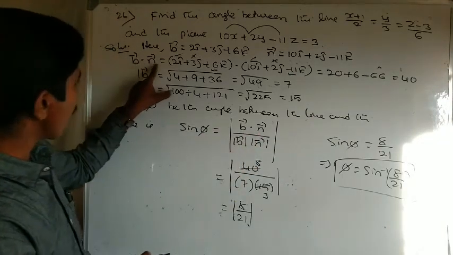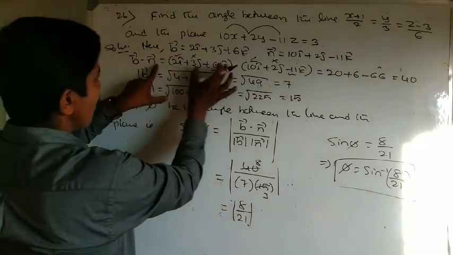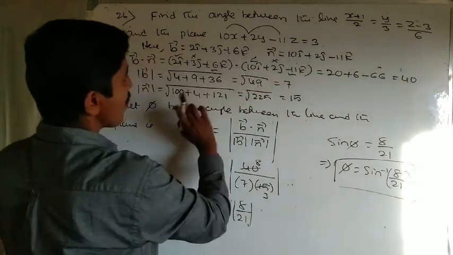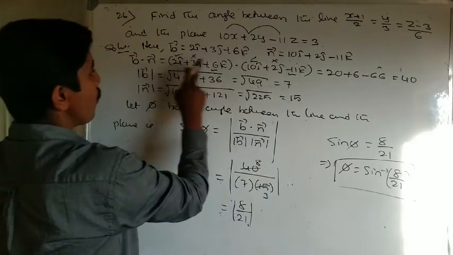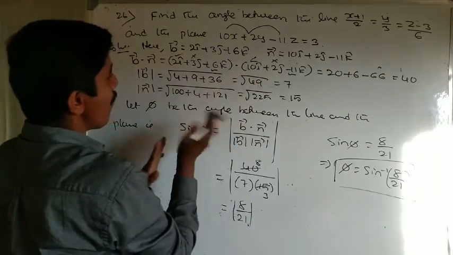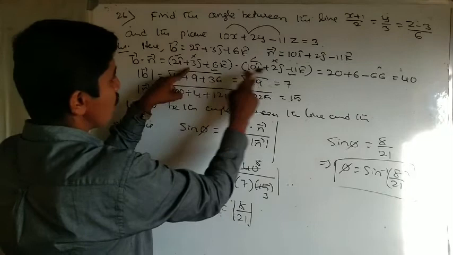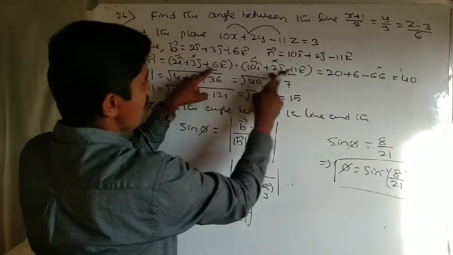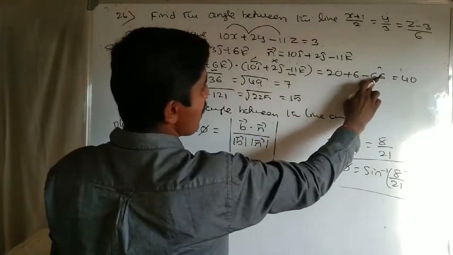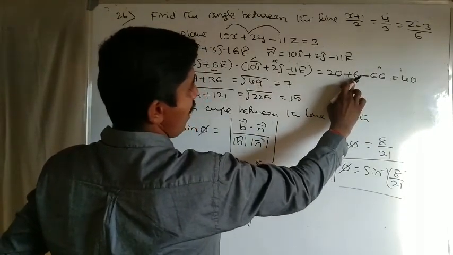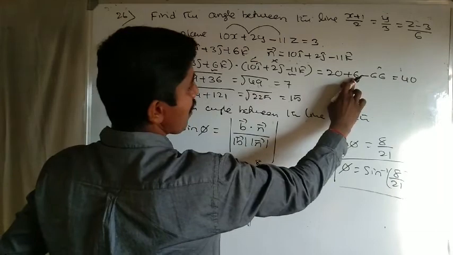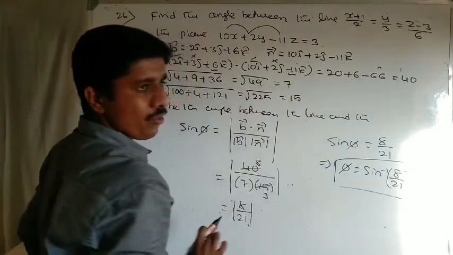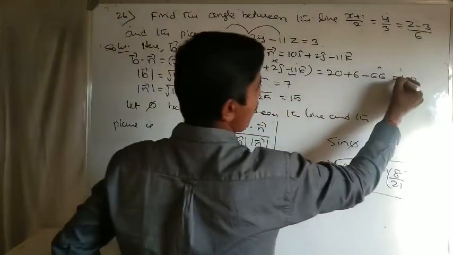First find vector b dot vector n. Multiplying i coefficients, 2 into 10, 20. The j coefficients, 3 into 2, plus 6. The k coefficients, 6 into minus 11, minus 66. Minus 66 plus 6 is minus 60, plus 20 means minus 40.